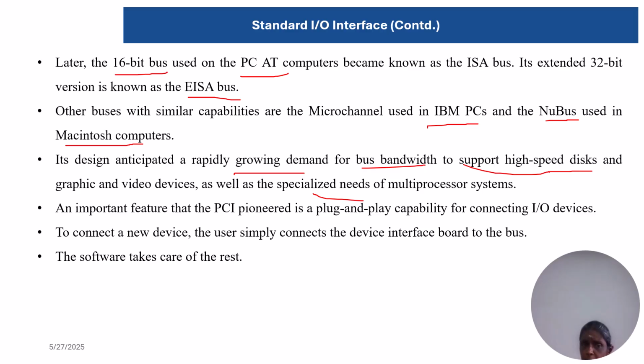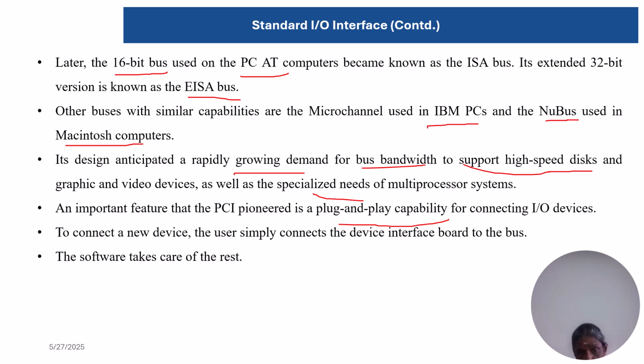An important feature that PCI pioneered is a plug and play capability for connecting IO devices. This plug and play capability is one feature, and how it is used and how it functions, we will see later in the slides.